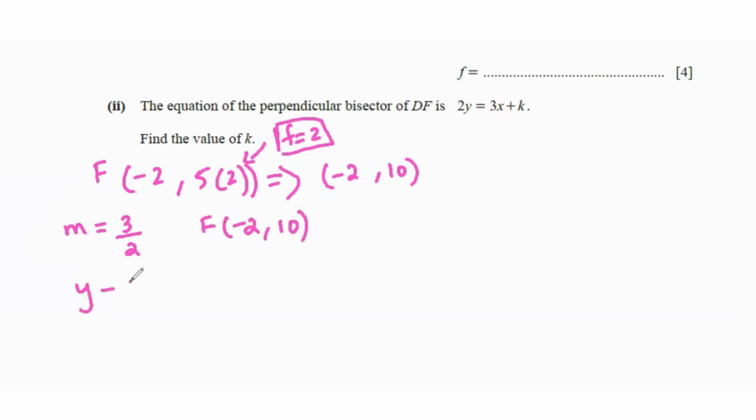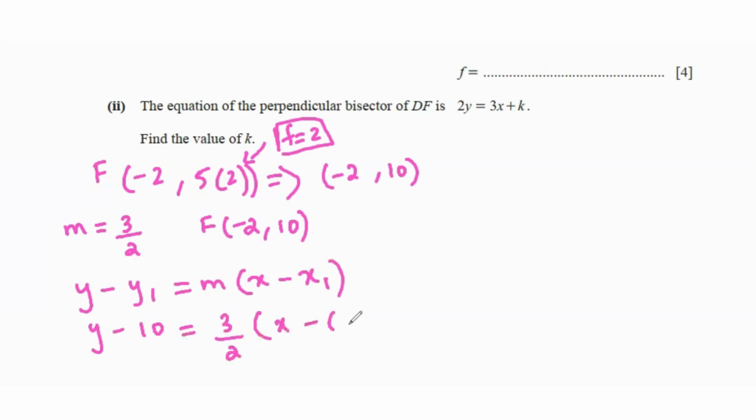So we can do y minus y1 equals m times (x minus x1). Y minus 10 equals 3/2 times (x minus negative 2), which will give us y minus 10 equals 3/2 times (x plus 2).